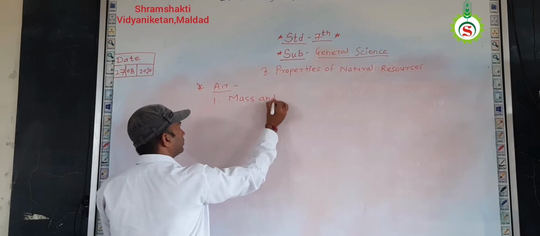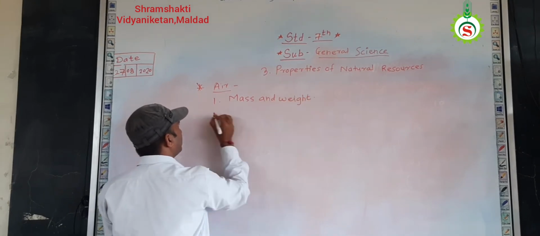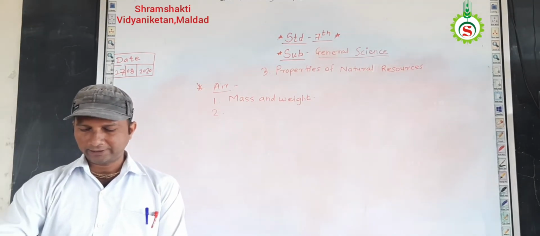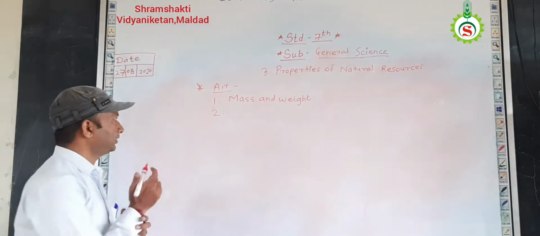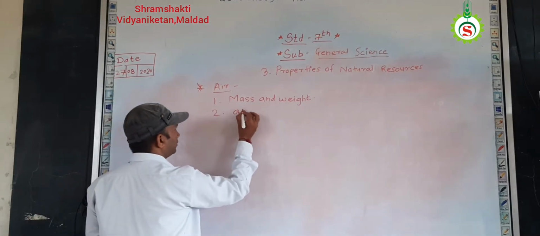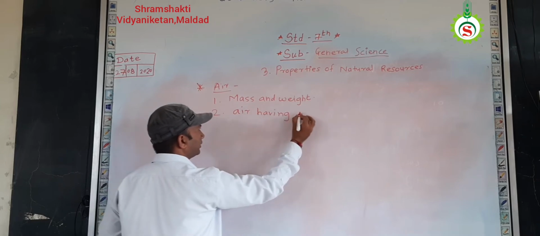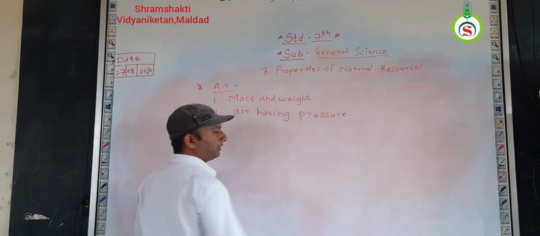The second property is that the atmospheric pressure is the same in all directions. Air has pressure, and the pressure of the air is called atmospheric pressure.